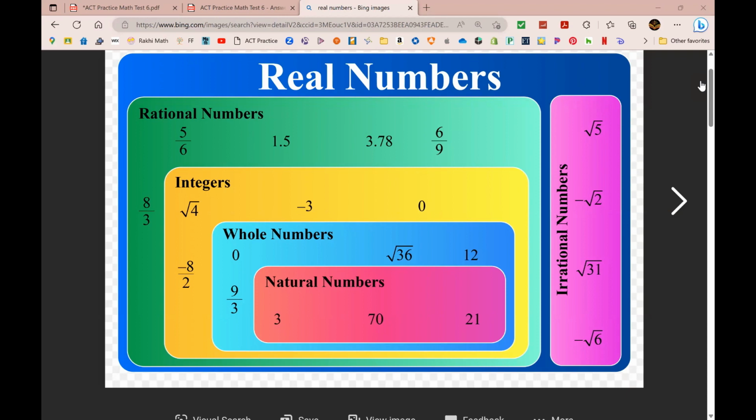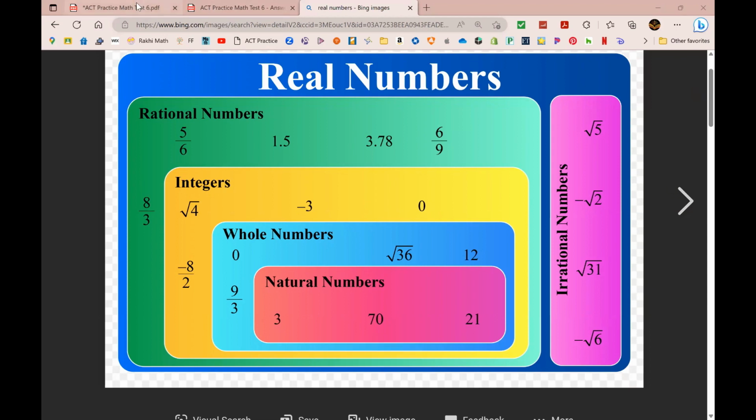It includes rational, which can be written as fractions, irrational, which are non-repeating decimals. It also includes the integers, the whole numbers, and natural numbers. So remember, whole numbers and integers include 0, whereas natural numbers are the ones you can count on your fingers. So if that problem had said natural numbers, that would have been correct. But real numbers includes even the negatives.